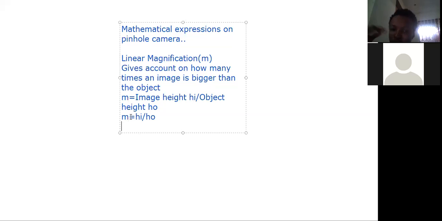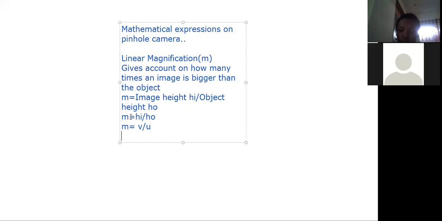So it can also be equal to the image distance, which is v, all over the object distance, which is u. So magnification in the pinhole camera is dependent on the height of the image and the height of the object. It is also dependent on the distance from the pinhole to the image, and the distance from the pinhole to the object.